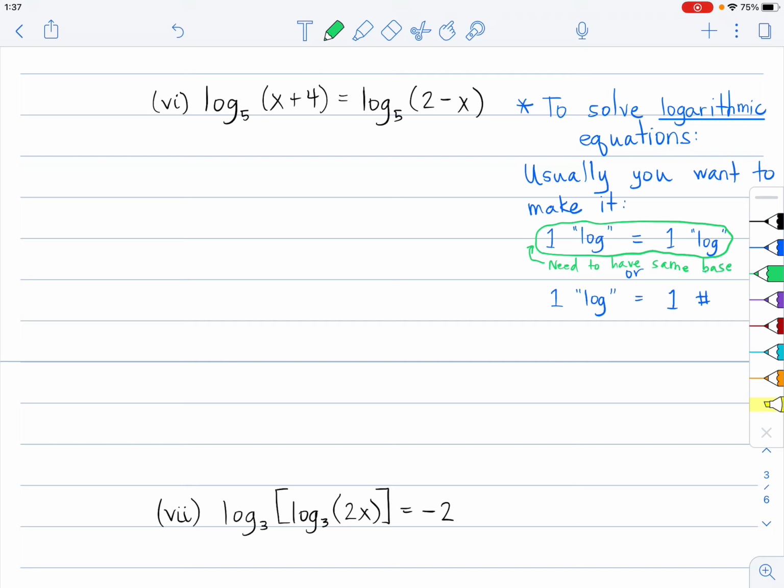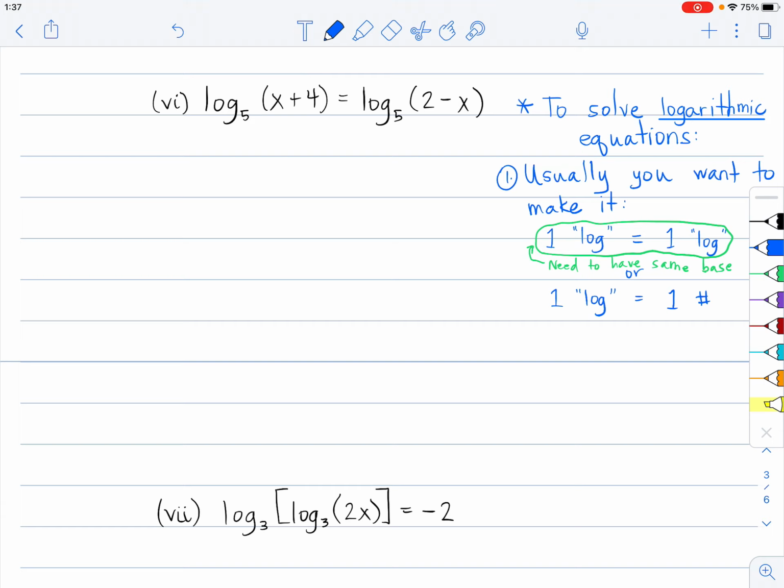But this is kind of like step 1. And please don't skip step 1. You have to have 1 log equal to 1 log or 1 log equal to 1 number. When it's 1 log equal to 1 log, they need to be logs of the same base.